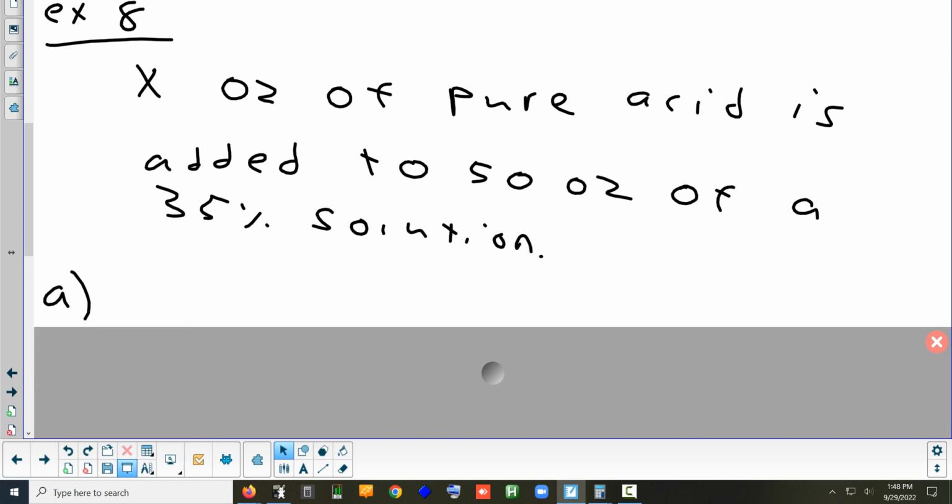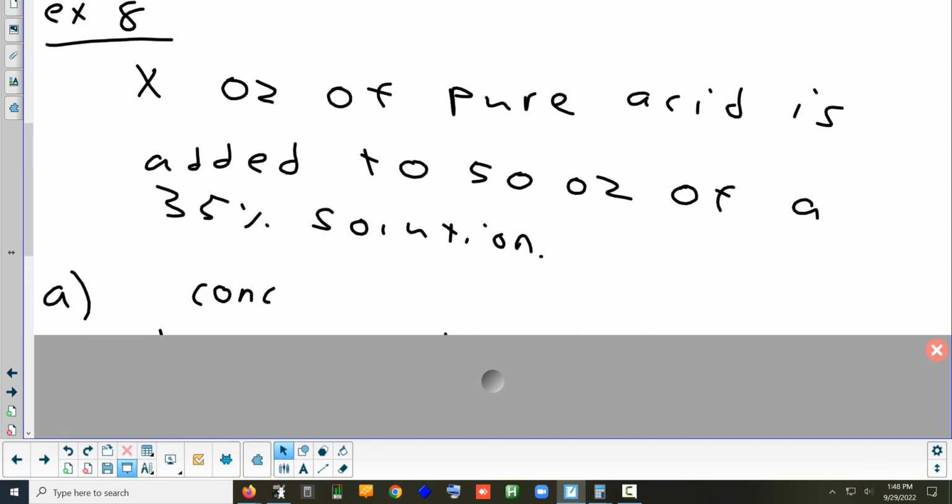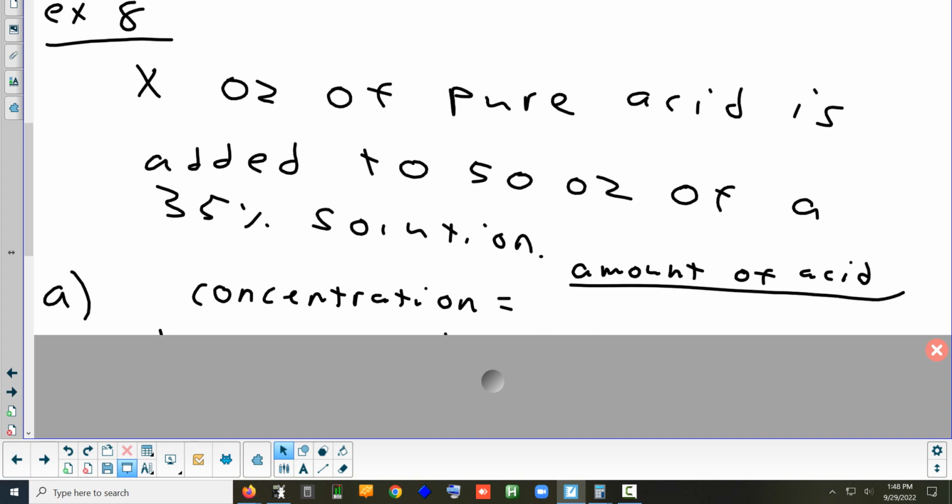I want to write a formula that shows me what the concentration is as I'm pouring the acid in. If you're not sure what concentration means, in our particular problem, concentration is the amount that's actually acid divided by the total amount.